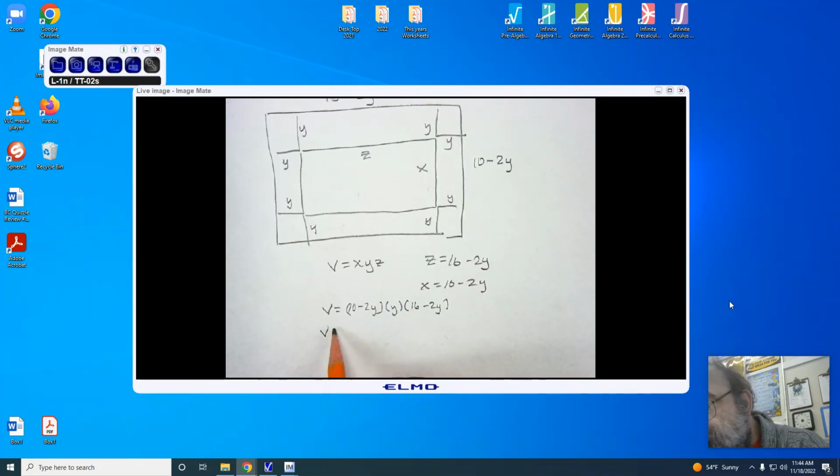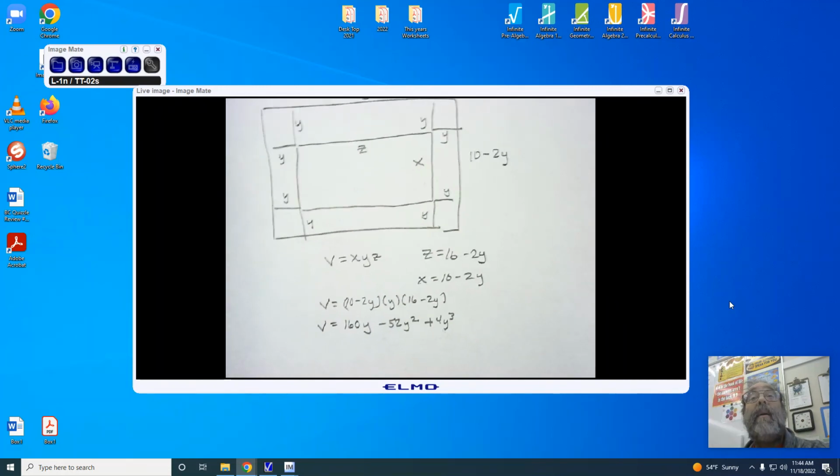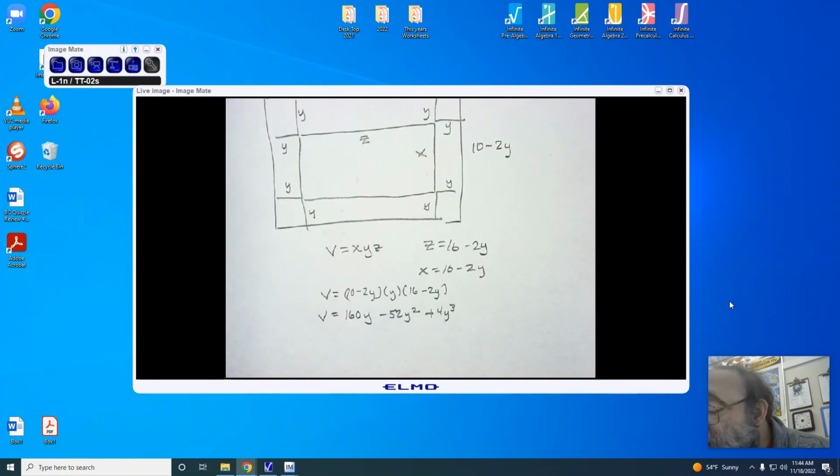This is going to give me a volume formula that is 160y minus 52y squared plus 4y cubed, having already multiplied it. I'm now going to take my derivative, v prime. This is giving me 160 minus 104y plus 12y squared, setting it equal to 0 and solving.